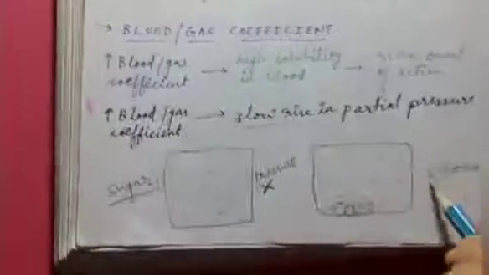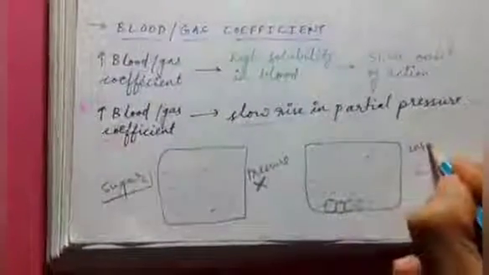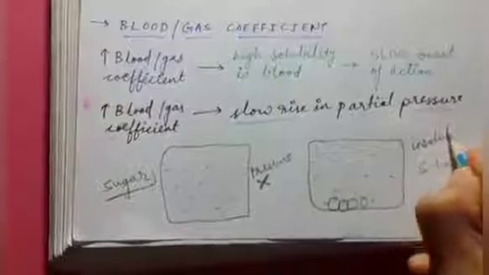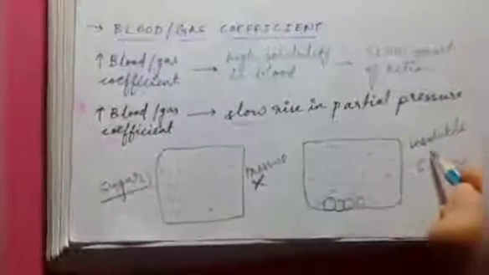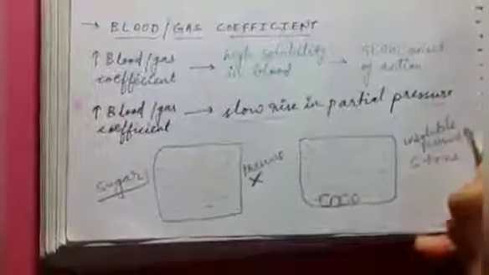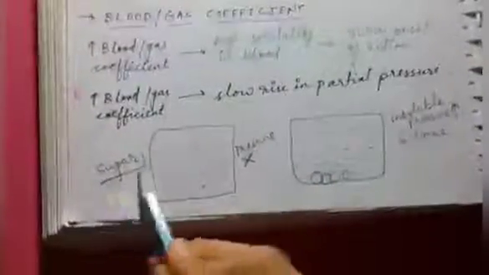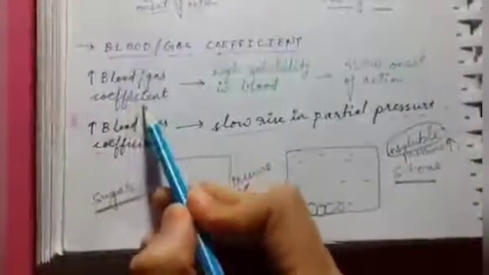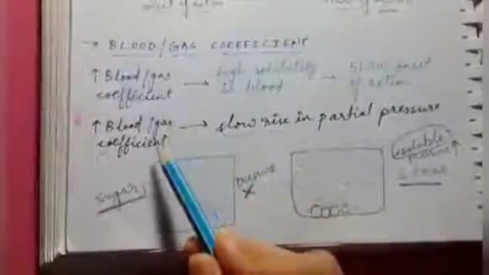While if it is insoluble in the blood, then the pressure will increase very rapidly. You can remember it by the sugar and stone example. If it is insoluble in the blood, the blood gas coefficient will be low, and with a low blood gas coefficient the pressure will rise quickly.